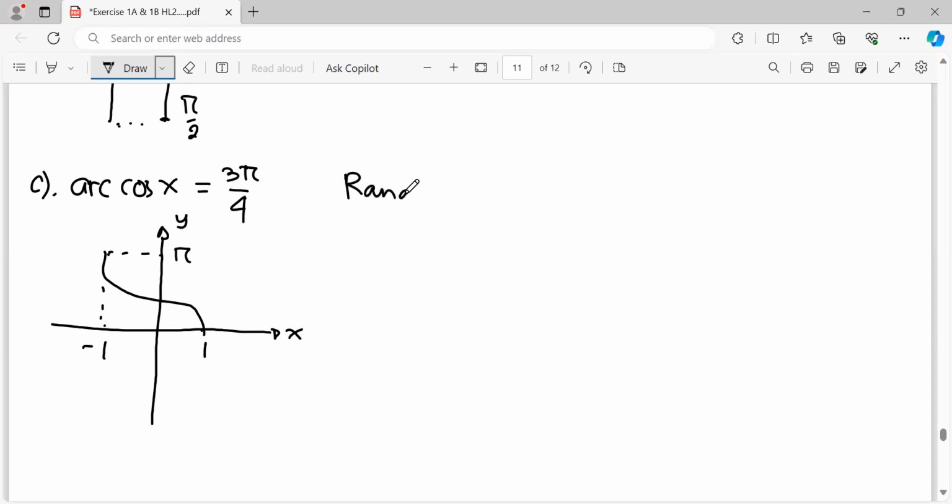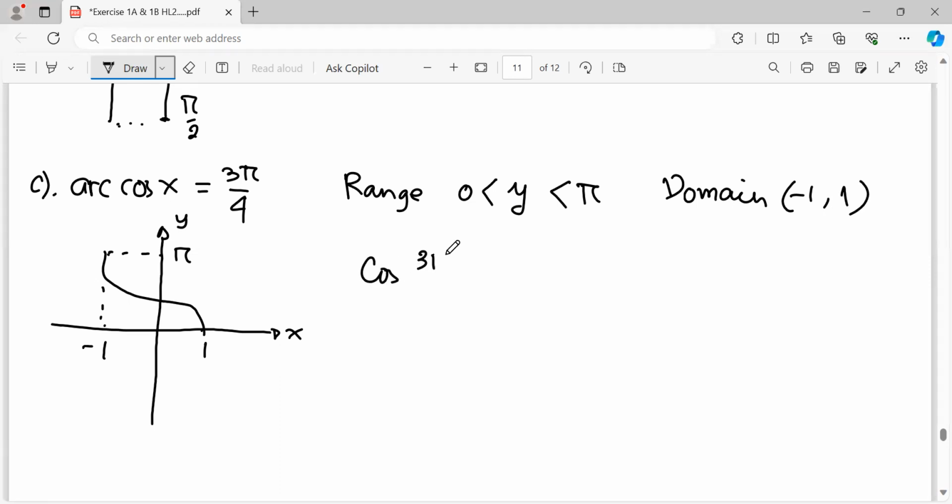Range on the y-axis from 0 to pi. Domain from -1 to 1. Now cosine 3 pi 4. I will calculate. Minus half root 2.